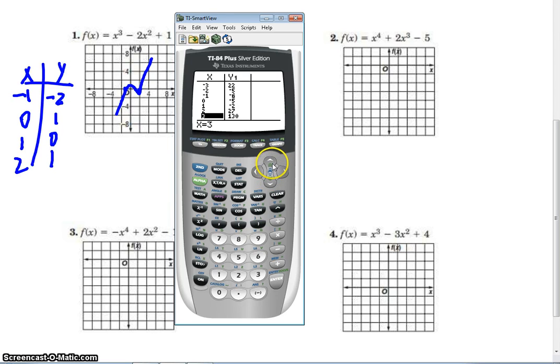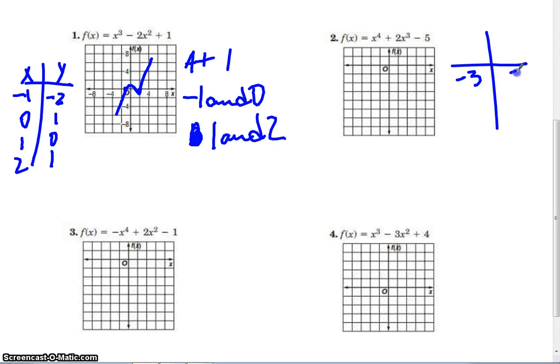So we have -3, 22, -2, 5, -1, -6, 0, -5, 1, -2, and 2, 27.